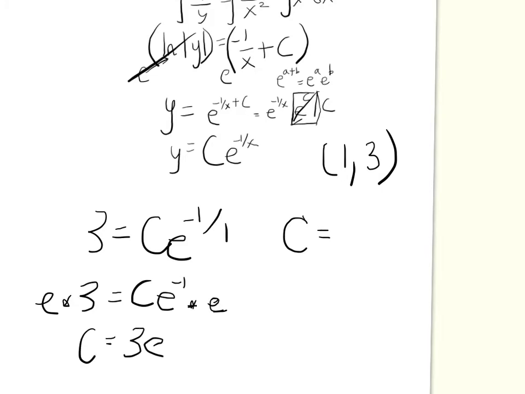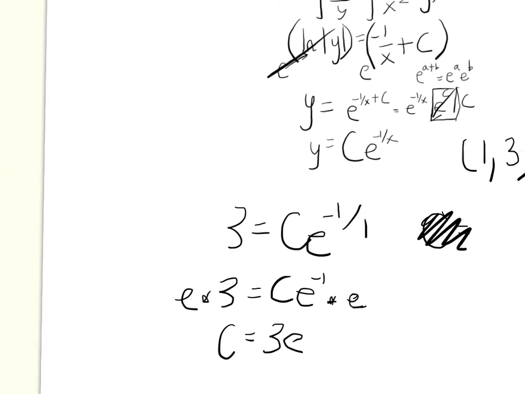Okay, all right, so c is equal to 3e. So our final answer looks like this. y equals 3e times e to the negative 1 over x.